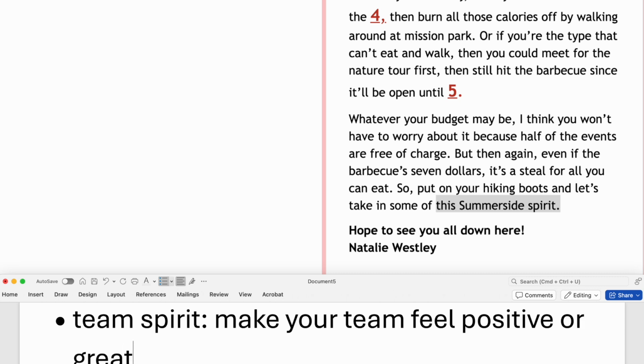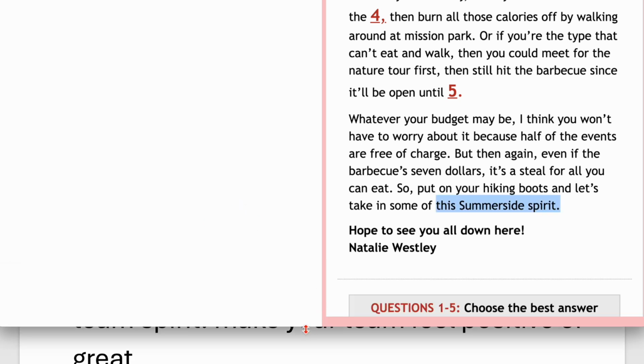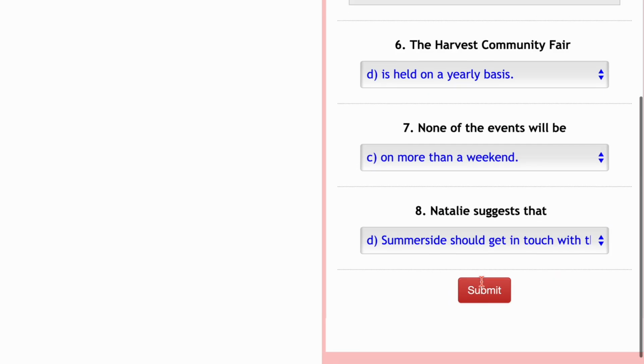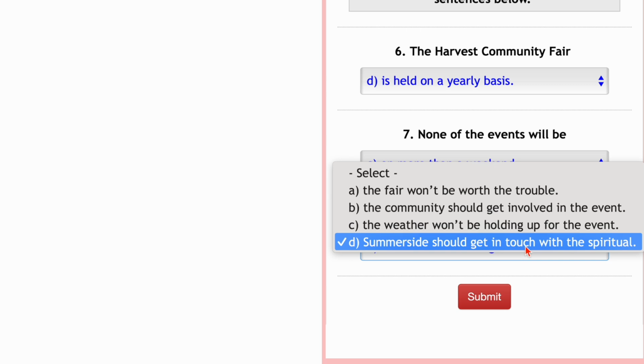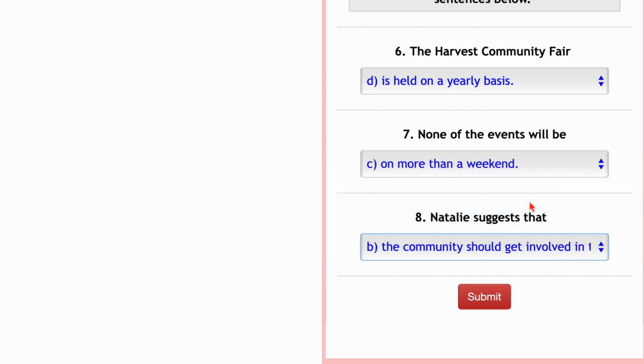That's team spirit. But spiritual is something totally different. Okay, everyone. So it's not get in touch with the spiritual, it's get involved, participate in the event.